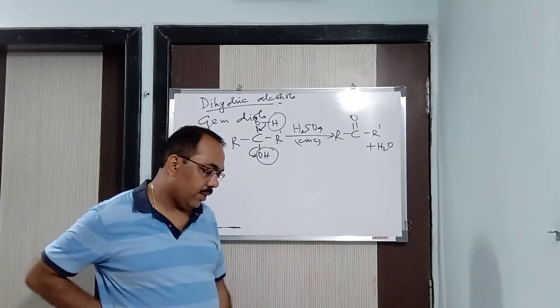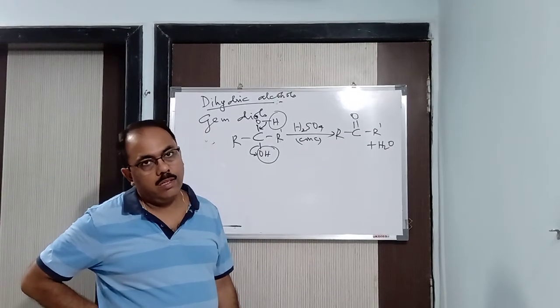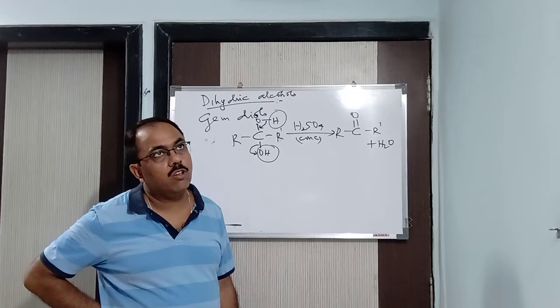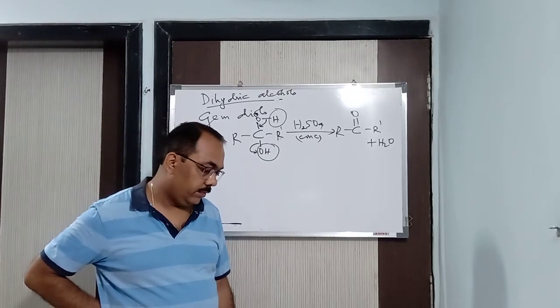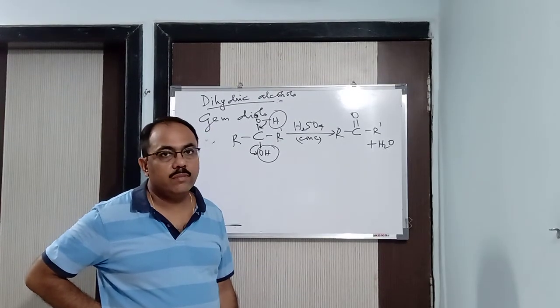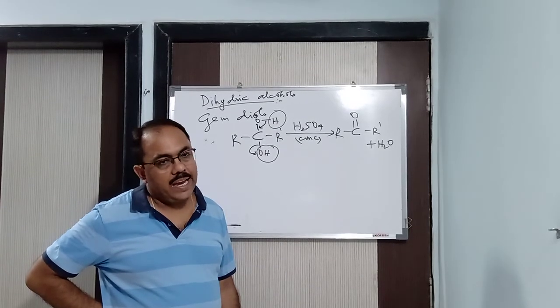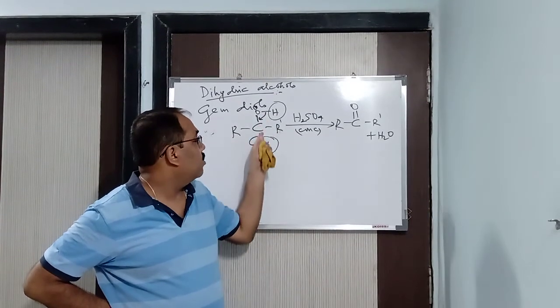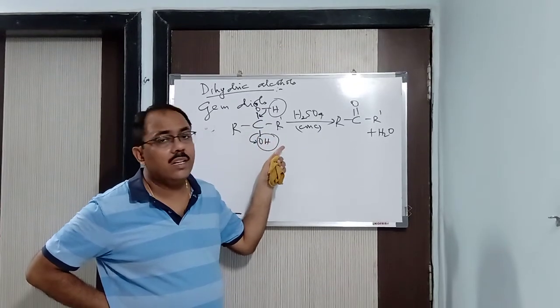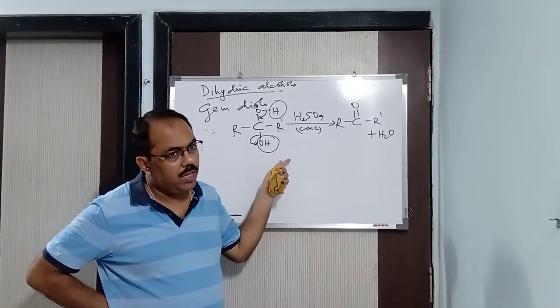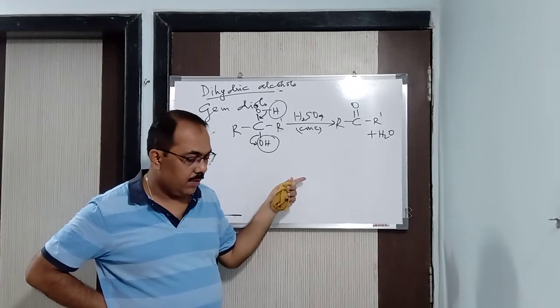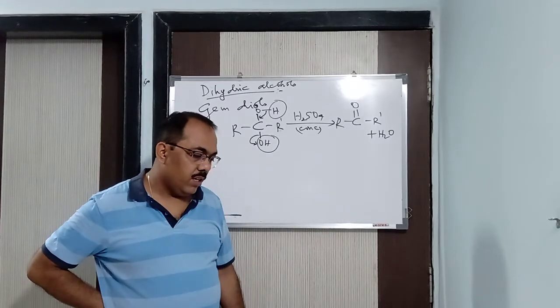On the alpha carbon, which holds both the hydroxyl groups tightly on the same carbon atom. See, it holds the two hydroxyl groups tightly. So if these two conditions are obeyed, then only the gem diols can be stable, we can say.